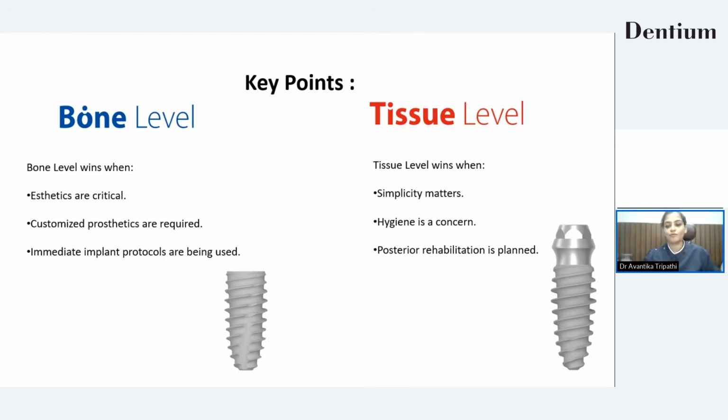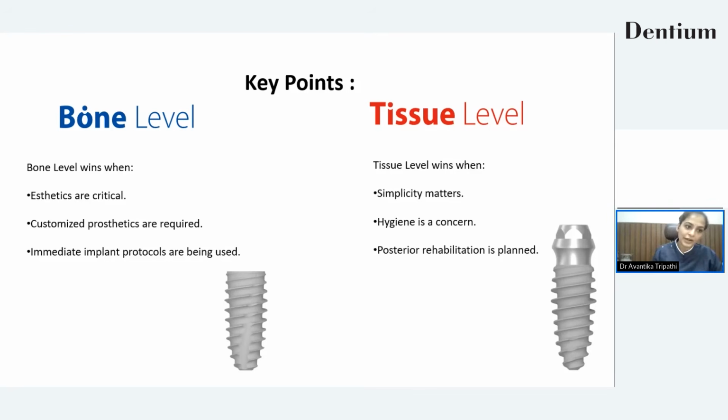You do not have to cut open the gum again, and as the abutment and fixture connection is above the bone level, hygiene maintenance is easy. Posterior rehabilitation is easy with them because aesthetics is not a major concern.